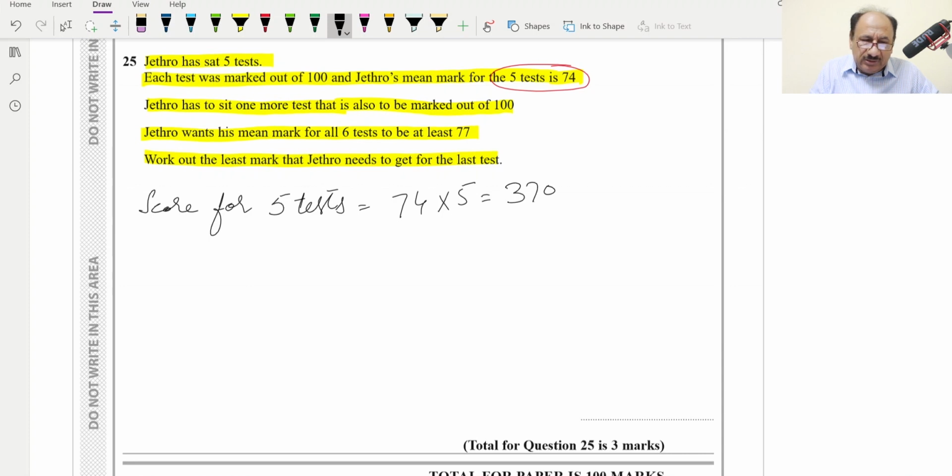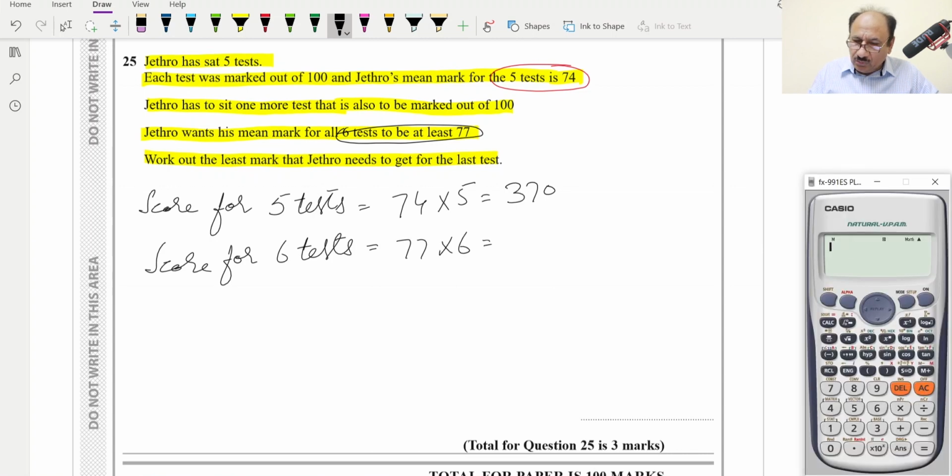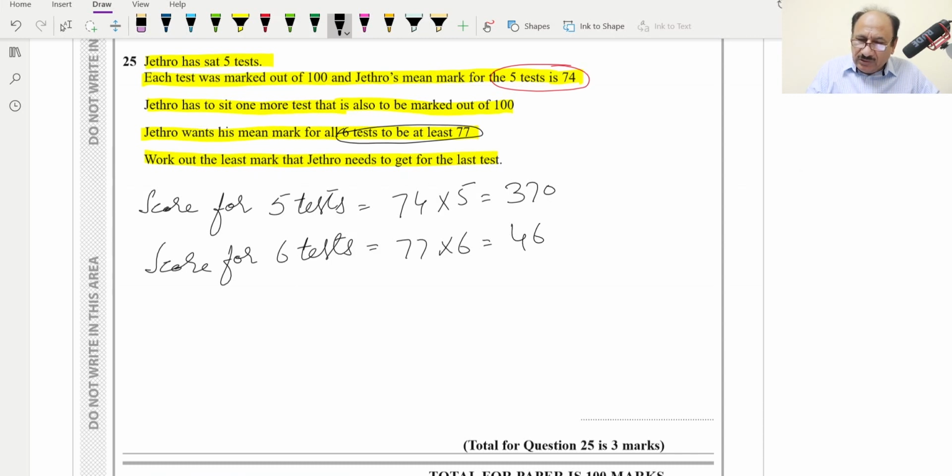And score for the 6 tests: we need at least 77. So 77 multiplied by 6 will be what? Our target is to get a total of 462.